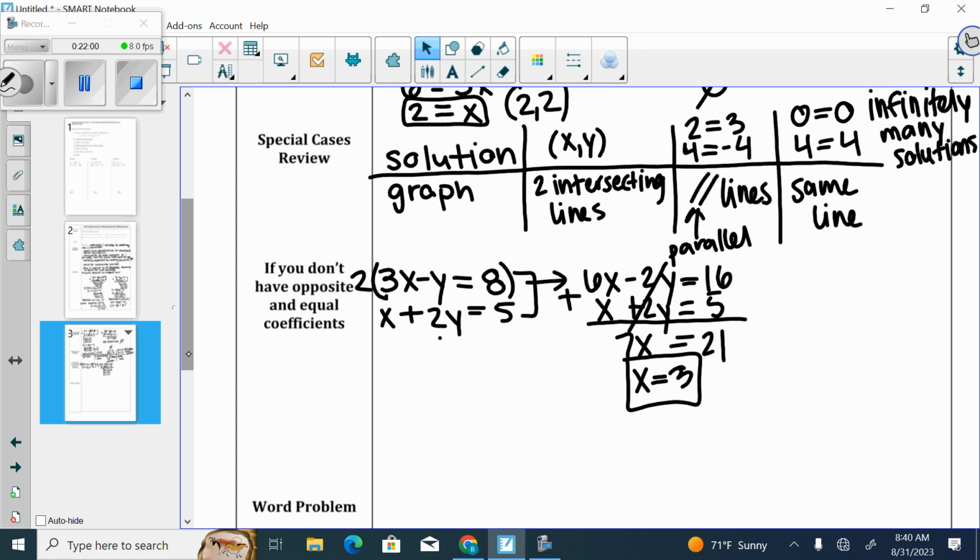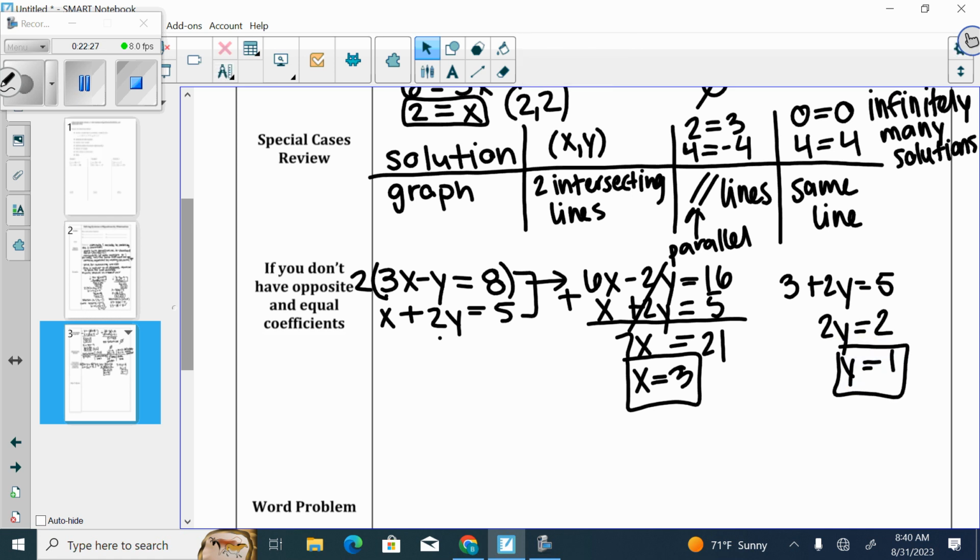Do you want to use the first one or the second one? Second, okay. So in place of x, we have 3 plus 2y equals 5. So we're trying to solve for y. We need to get rid of that 3, and we subtract. We end up with 2. So y must be 1. So this would mean that our solution here is the point (3, 1).